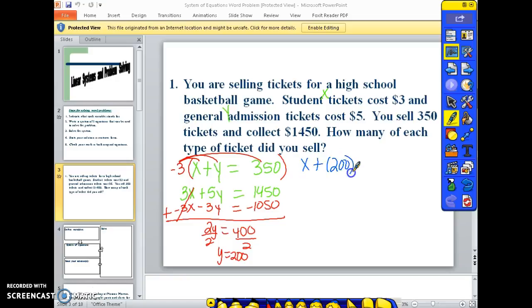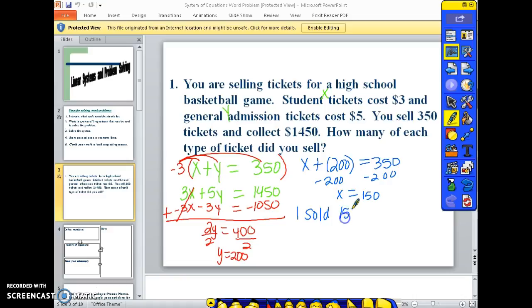When we substitute or plug in, we always use parentheses. I'm going to subtract 200 from both sides, and 350 minus 200 is 150. So it says how many of each type of ticket did you sell? X represents student tickets.